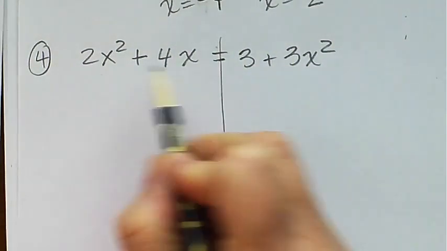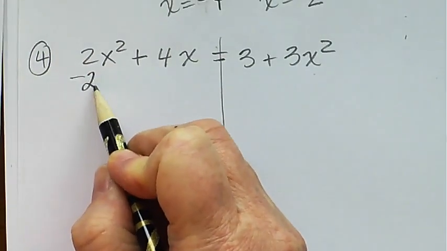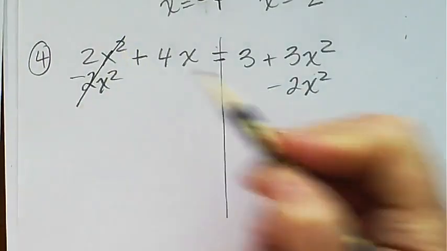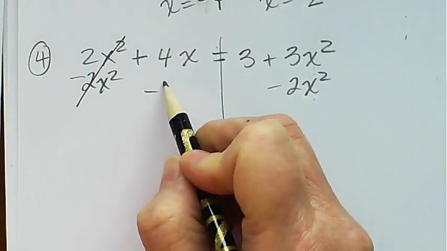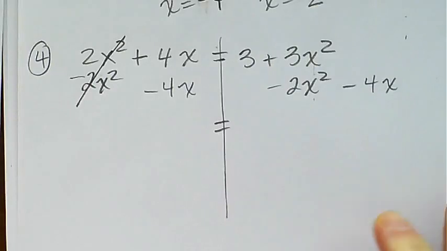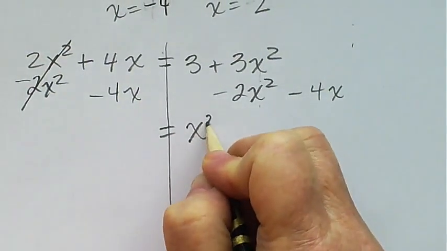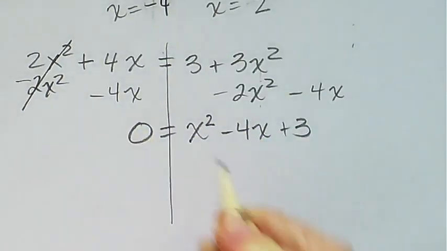I'm going to move everything over here, just because I know if I subtract 2x squared from both sides, that's going to give me 1x squared on this side. If I take away 4x from both sides, I'm going to write it in order. So that's going to give me 1x squared minus 4x plus 3 equals 0.